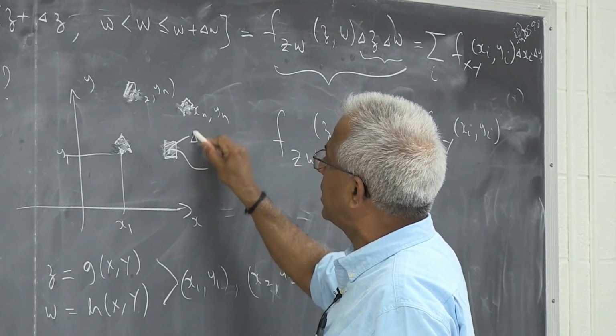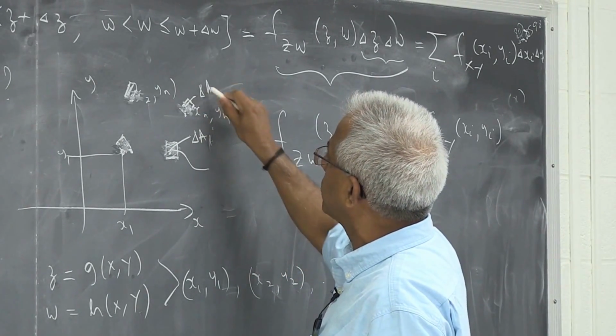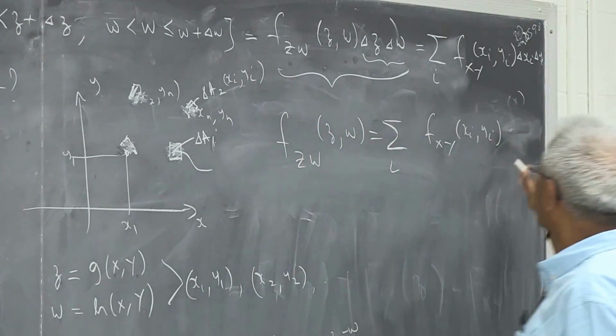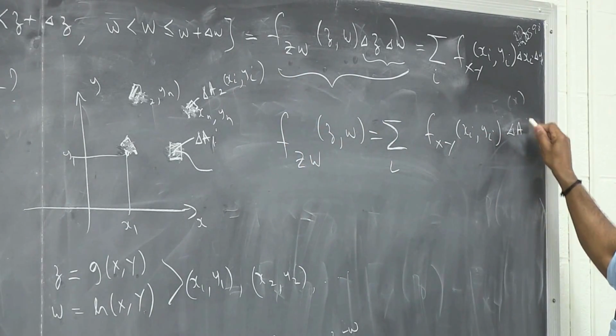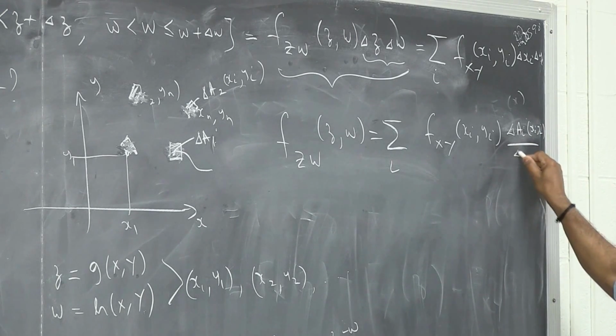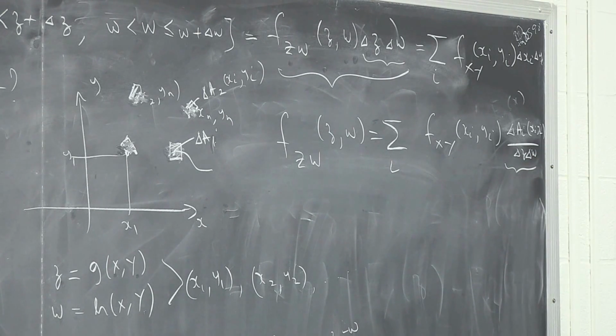This is going to be this area. I'm going to call it delta a1, delta a2, etc. But this is in terms of xi, yi. So this delta ai over delta z delta w is given by the Jacobian of the transformation.